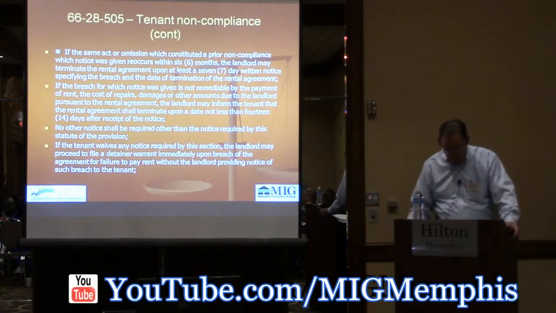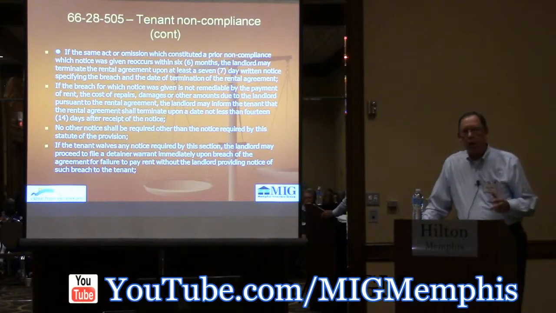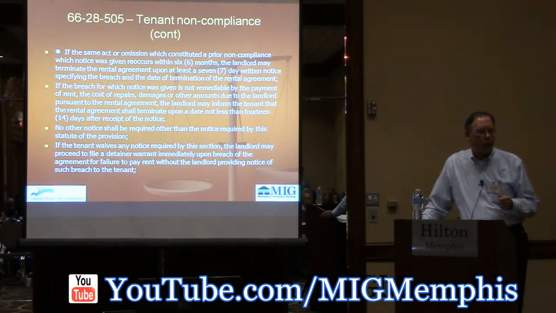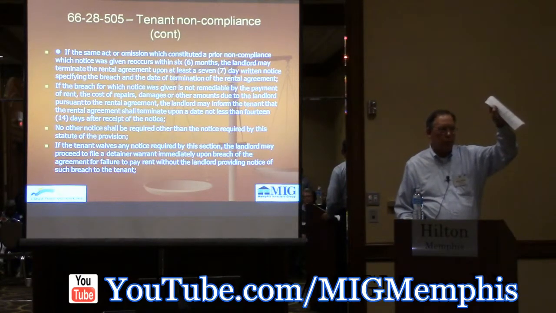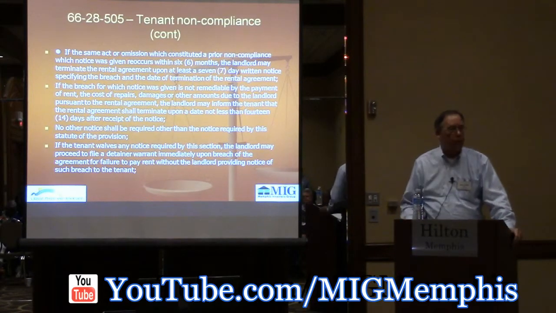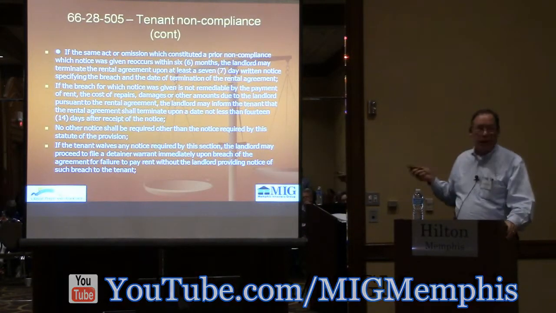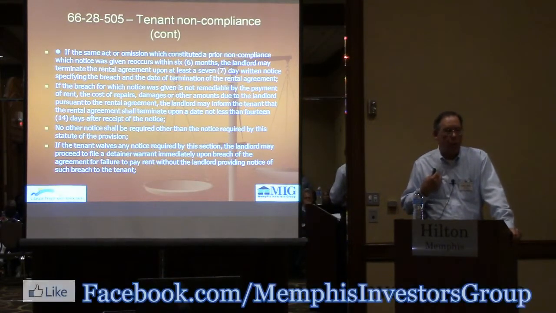Now, if there are repairs that have to be made, the tenant can't make the repairs unless the landlord approves those repairs, authorizes those repairs. This letter tells that to the tenant. That's required. And that's in the form, and it's in bold in this form that I've given you. But the tenant has to get permission from the landlord for those repairs to be approved to be done by the tenant or someone that they've employed.